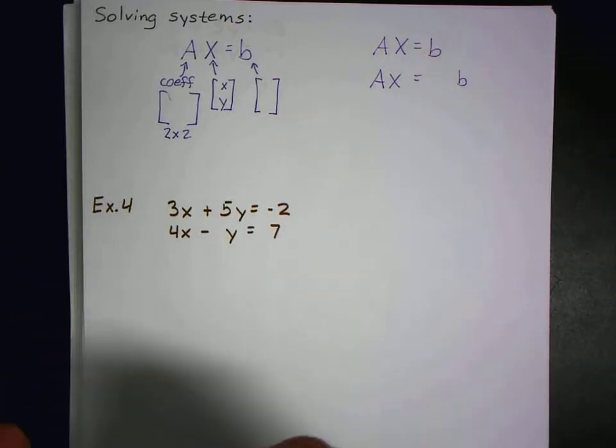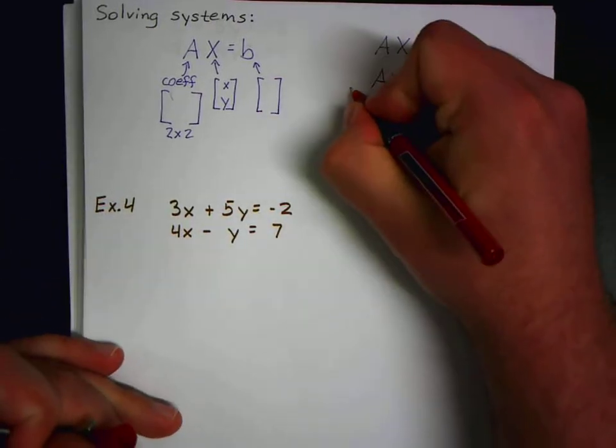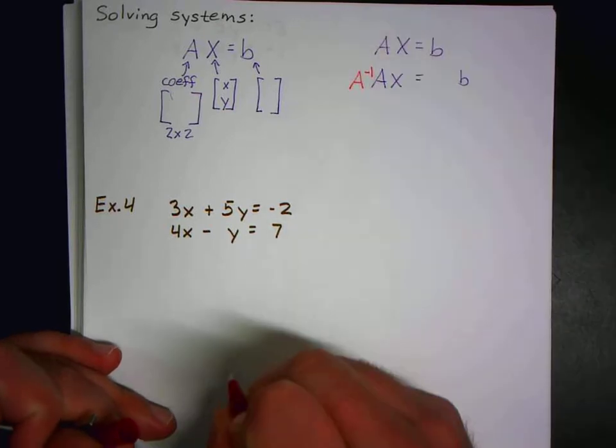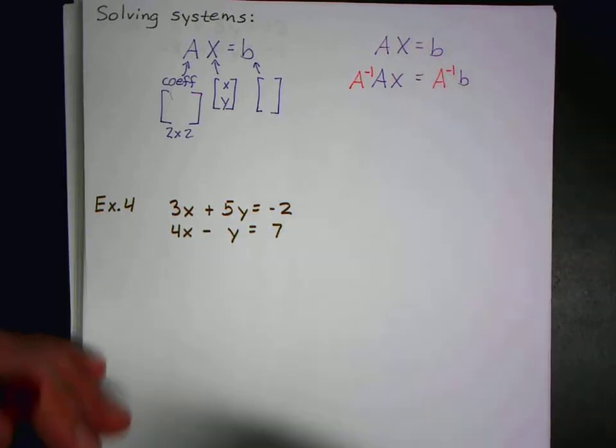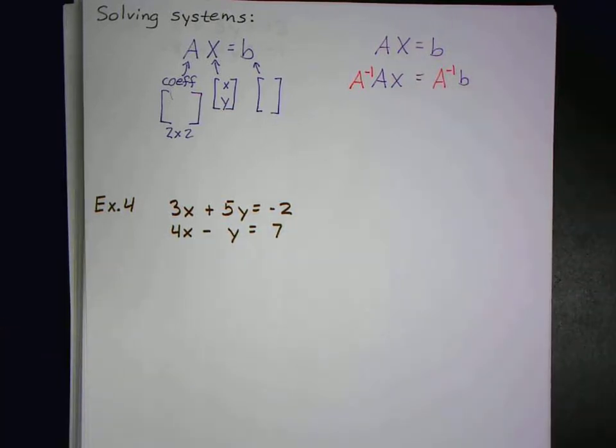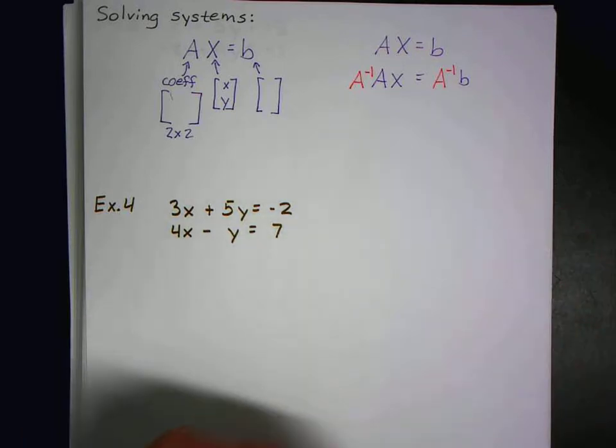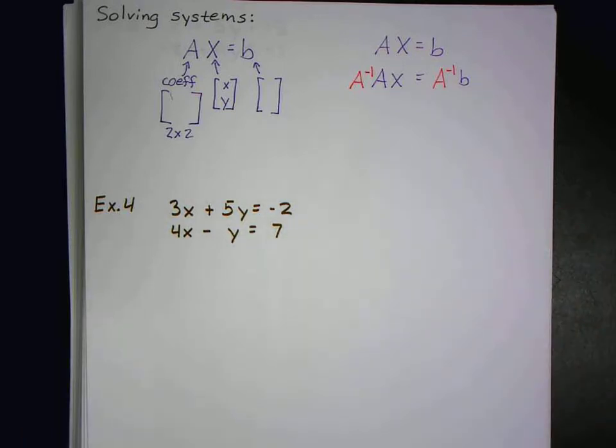So, in order to multiply A by its inverse, it has to be on the left-hand side. Since this is on the left-hand side, this also has to be on the left-hand side. That's very important. Because if you put it on the right-hand side, for one, that multiplication does not work. But even if the multiplication did work, you would get the incorrect answers.